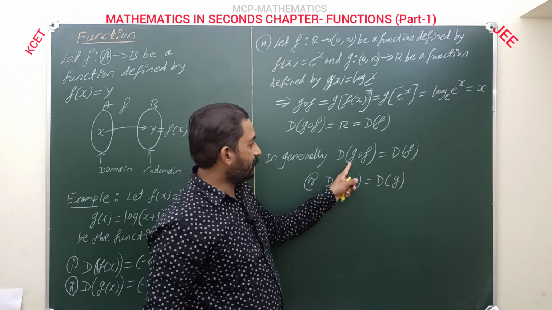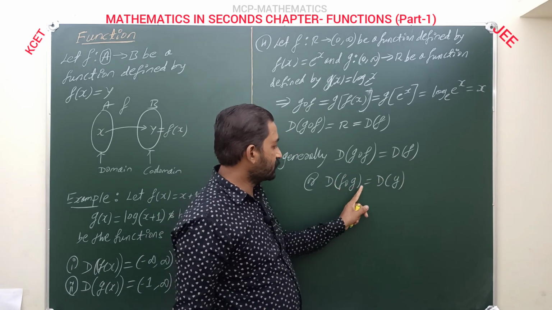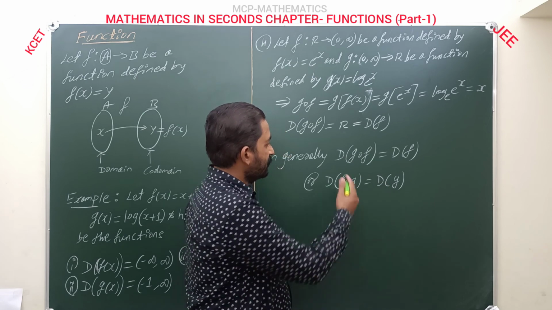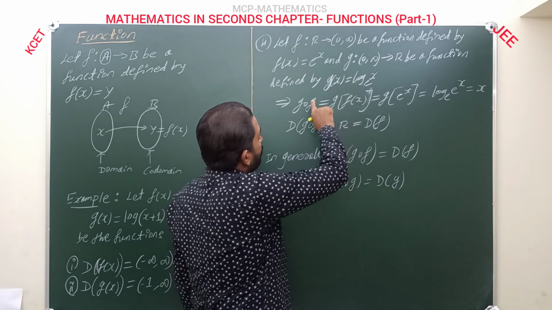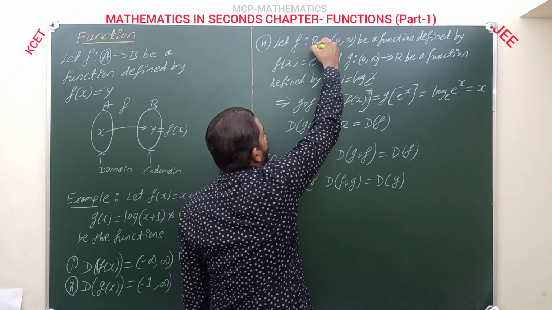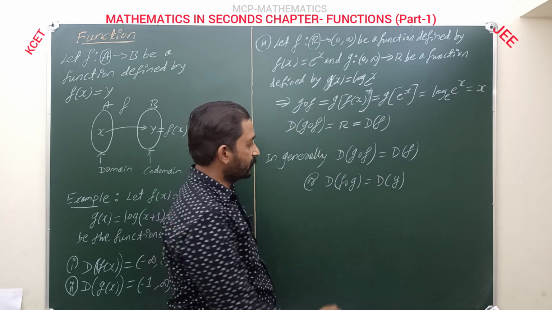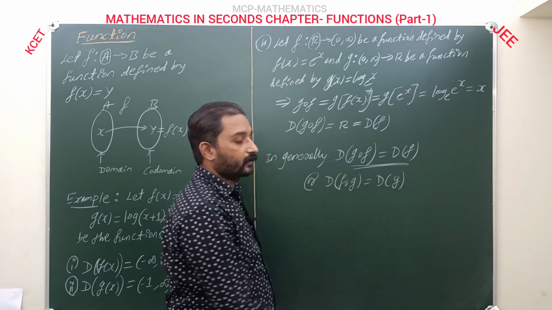In this way we can directly write that the domain of g composition f is the domain of f, which is the real numbers. We cannot calculate this value in this case using this formula. Okay, take down.